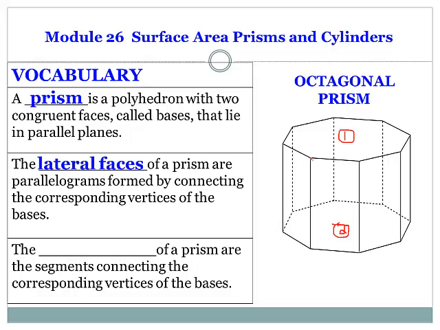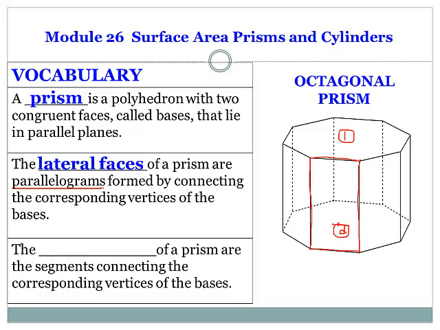The lateral faces of a prism are parallelograms formed by connecting the corresponding vertices of the bases. In this particular case, the parallelograms are basically rectangles. You have a rectangle for each one of the lateral faces.